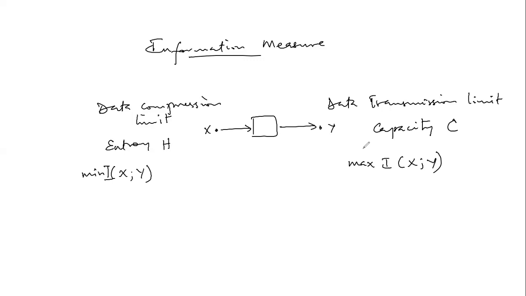So this, in every way, now gives us enough reason or information to design the system in terms of what can be transmitted and what is expected to be received.